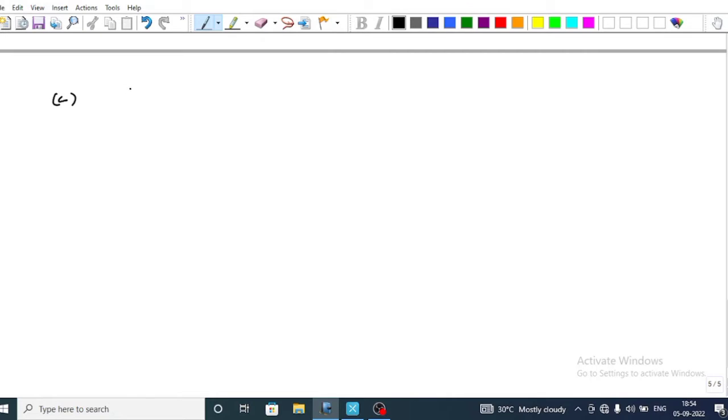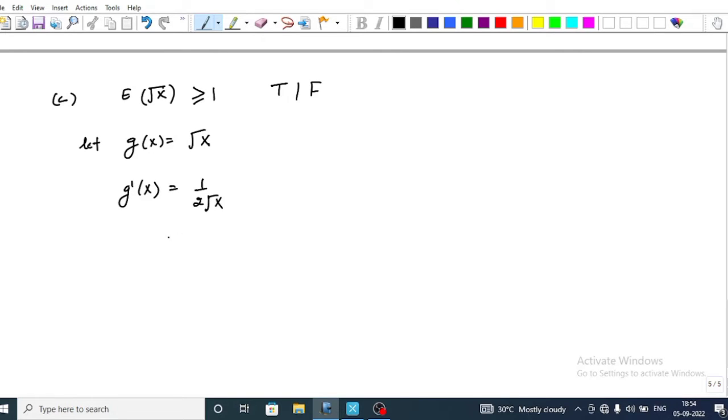In this question we have to check expectation of square root of x greater than or equal to 1, true or false. Now for this option, we let g of x is equal to root x and g dash x is equal to 1 upon 2 root x and g double prime x is equal to minus 1 upon 4 x^(3/2).